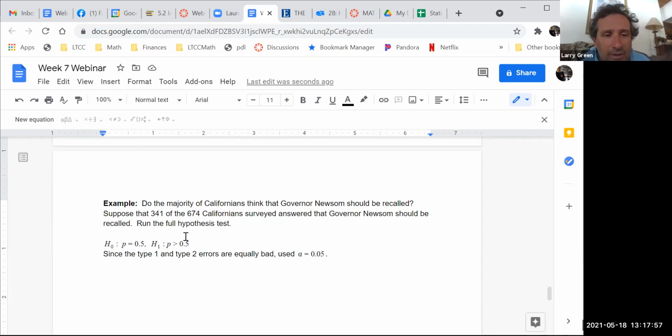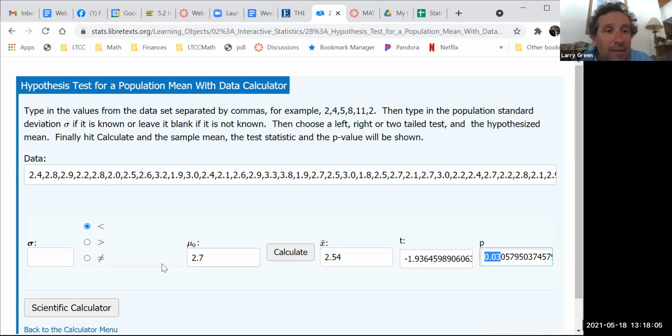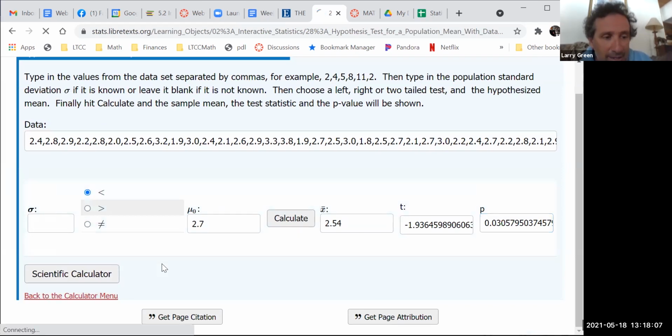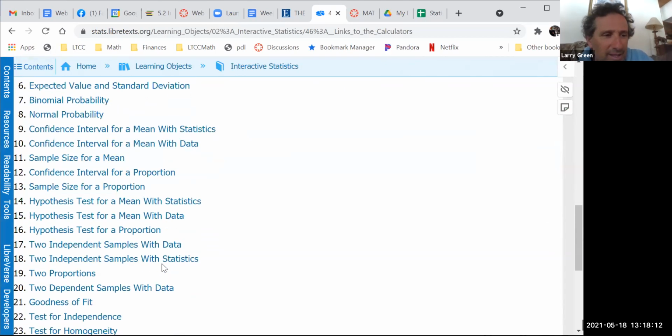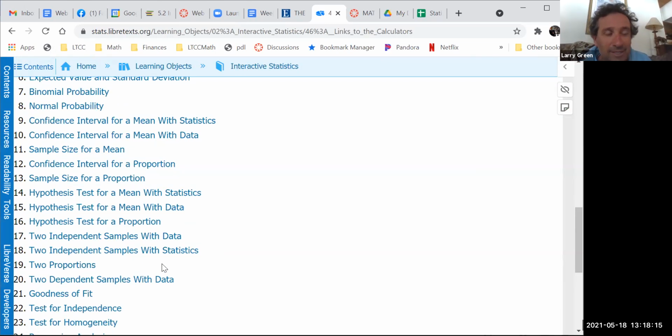Okay. So then what I'm going to do is I'm going to go to the calculator. It's 341 over 674. So if I go to my calculator, this is not about a mean. So I need to go back to the calculator menu. And let's see if you can tell me which one I'm going to use. What number? So which calculator menu item? Yeah, the 16 because we're talking proportions. That's where the P was.